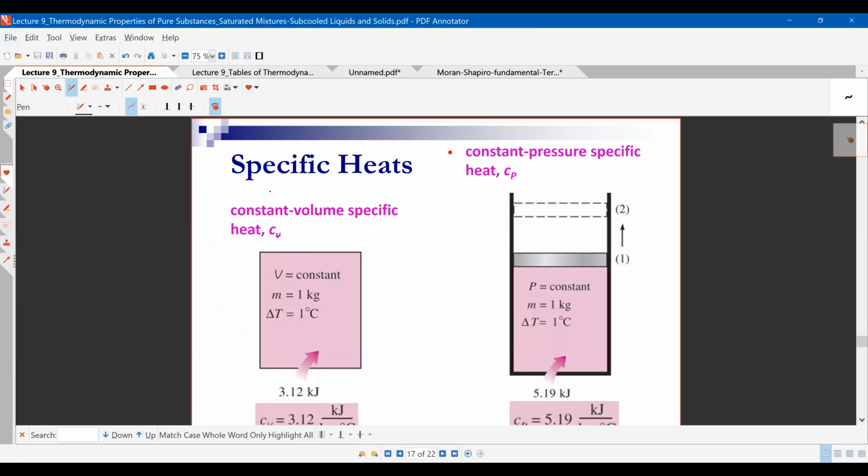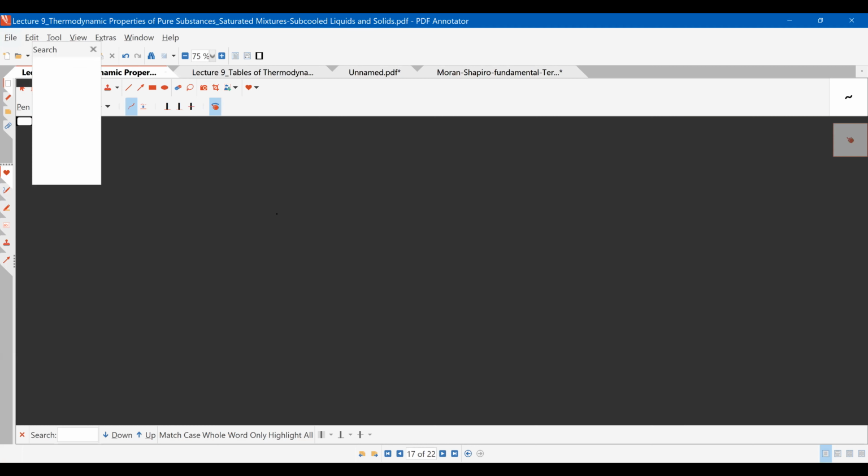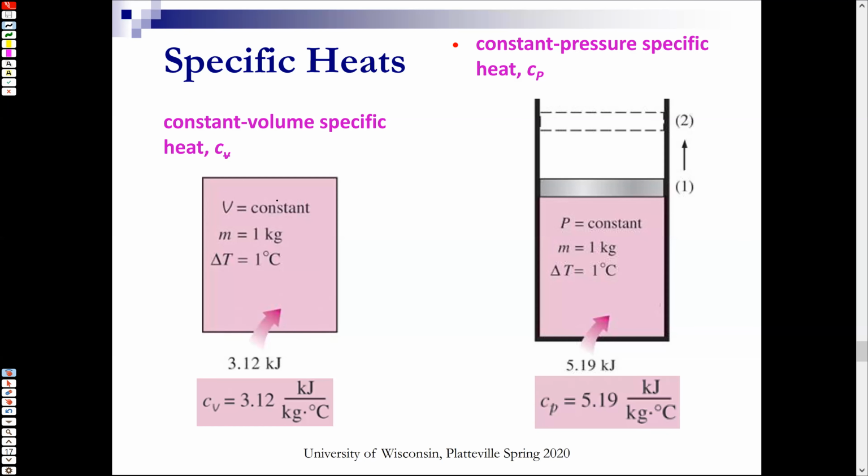Before we go forward, I want to introduce you to another property. Let me just full screen this. The next property that I want to introduce, and this is also an intensive property of a material, is the specific heat. With the specific heat, we mean, and this is for a very specific case, a constant volume experiment.